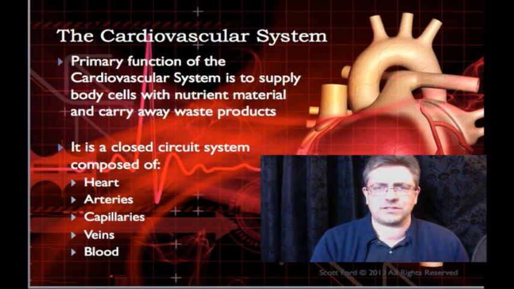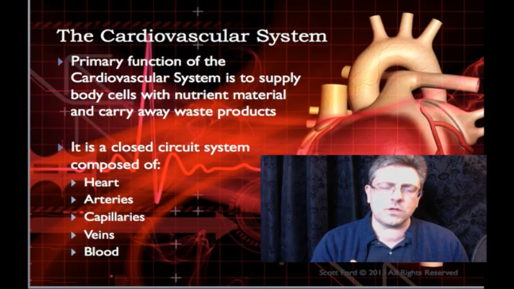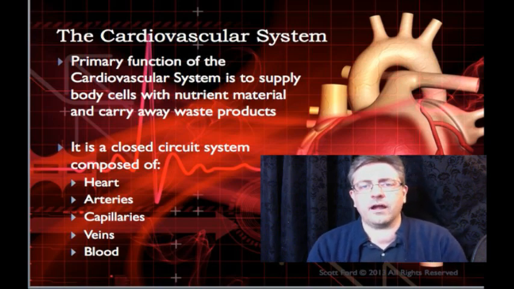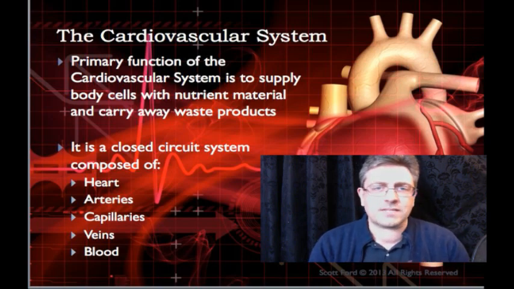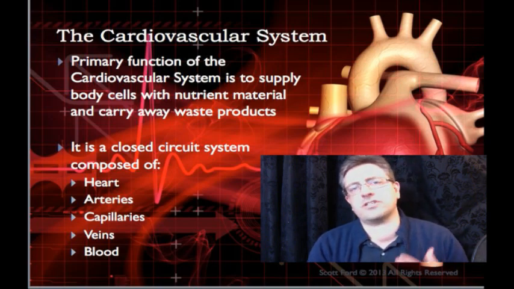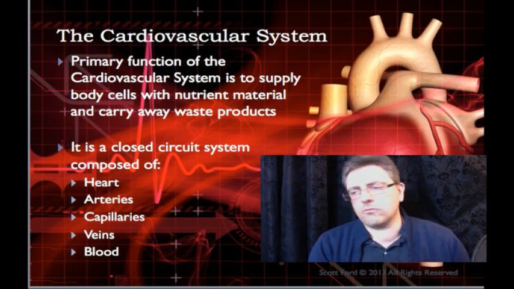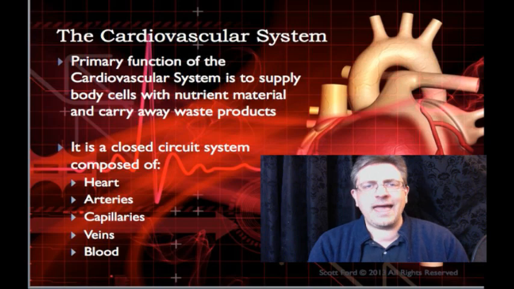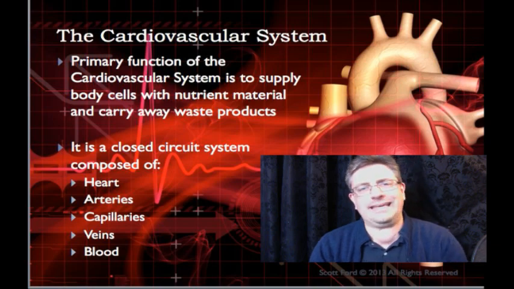So the cardiovascular system, again, primarily is all about supplying the cells with the needed resources in order to carry on their job. So basically, if you think of a factory that's producing something, all the trucks going to and from that factory, providing resources to the factory, as well as cleaning up the waste from that factory, that's what the cardiovascular system's primary function is.